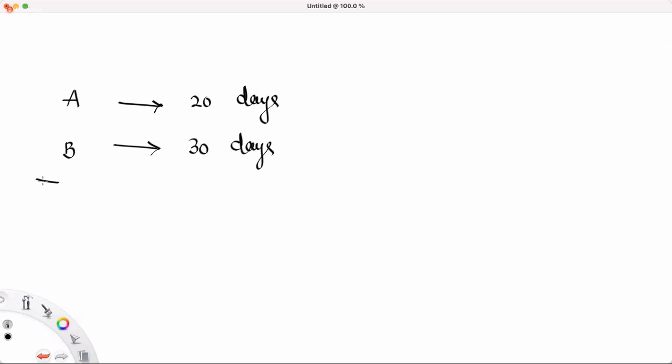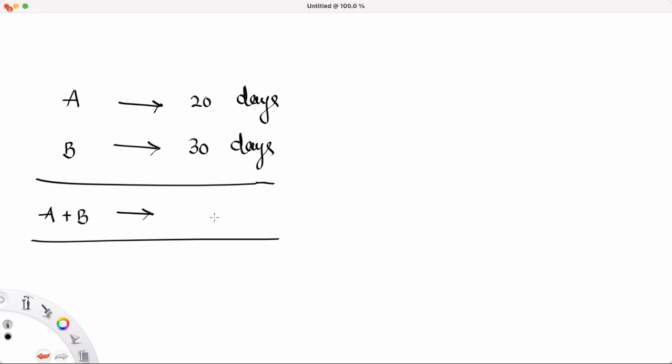Now the question is, if A and B are working together, how many days will it take to complete the work? We have option choices: first option is 25 days, second option is 21 days, third option is 12 days, fourth option is 24 days.